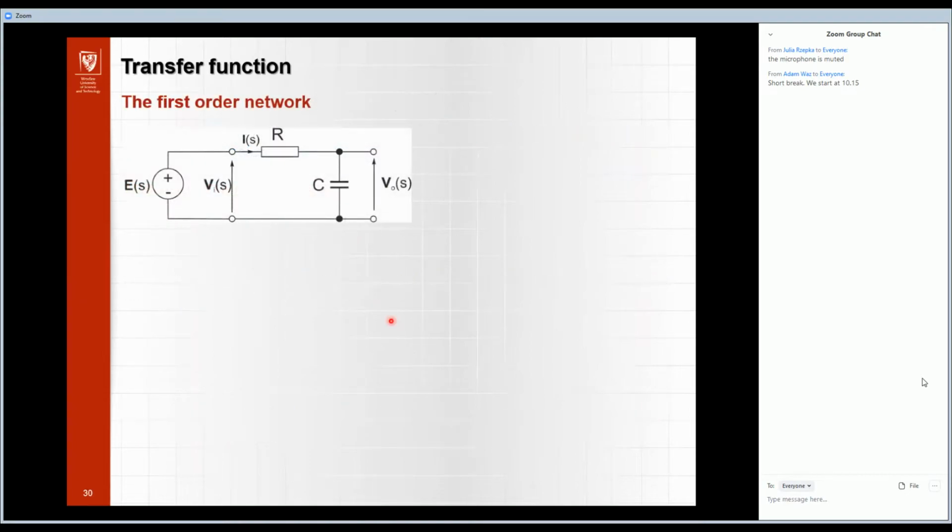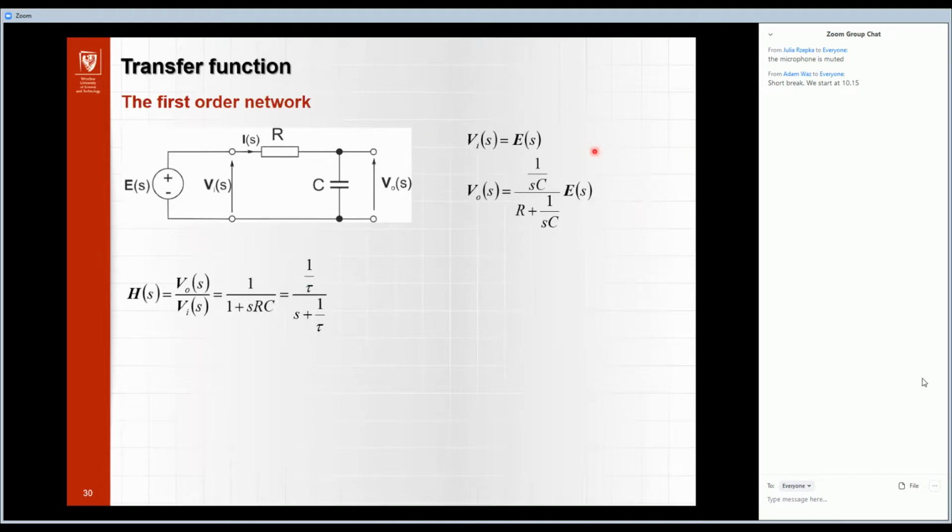Okay, so you can consider the first order network. We have one storage element here, and we can write the equations for this using the voltage divider. Now we know the voltage at the input and the output, and when we divide, we obtain the transfer function. Of course, E(s) disappears in this situation, and as a result we obtain the convenient equation to transform into the time domain, and here we see the tau.